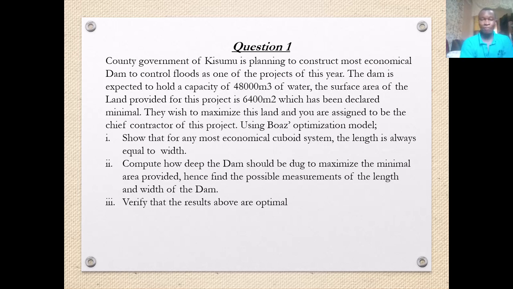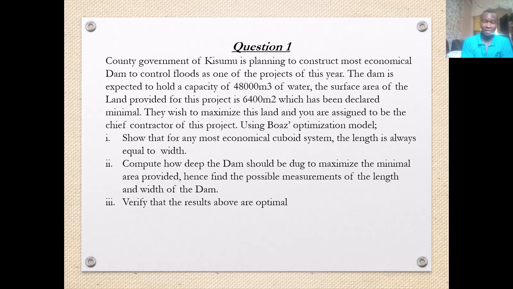So you have been provided with this project, and as the contractor, they are depending on you and counting on you to do your magic so that the 6400 meters squared of land can be utilized, maximized enough to hold this capacity of water.